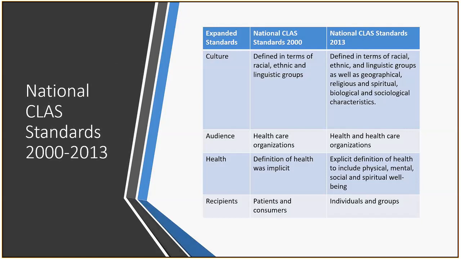And even within those sociological characteristics are economic characteristics. And within that too, the audience for the national CLAS standards has expanded. The definition of how we understand health has been expanded. And it is more centered on the individuals and the communities that are receiving care.